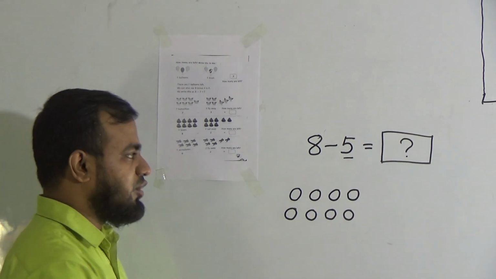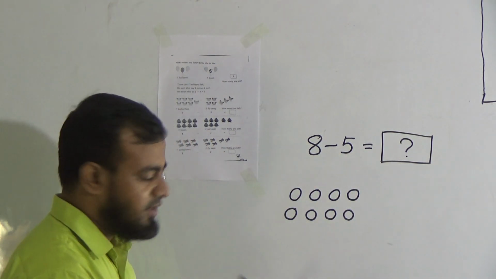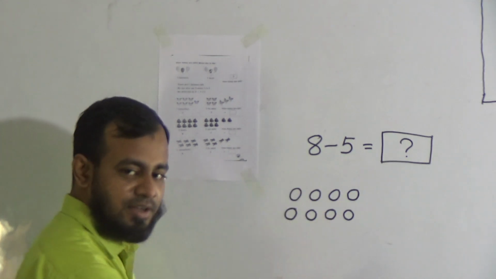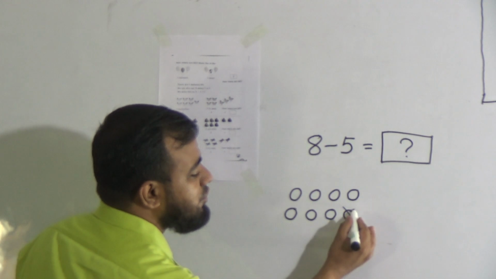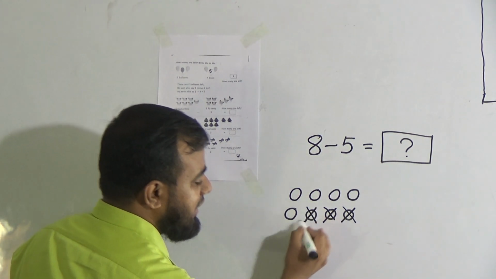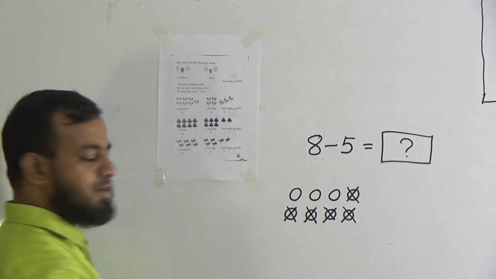This means that we need to omit 5 things from these 8 things. That means we need to reduce this 1, 2, 3, 4, 5. We reduce these 5 things.